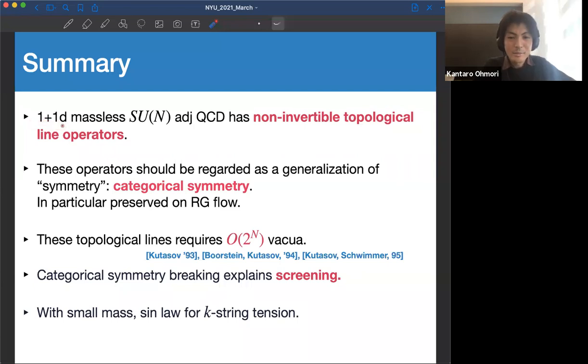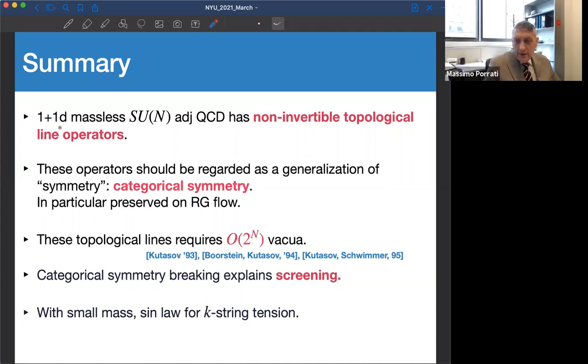In higher dimensions, I really know almost nothing. But certainly in 1+1D, you can find categorical symmetry in multiple-flavor QCD. So my hope is to find more examples in higher dimensions. That's a future direction. Thank you.